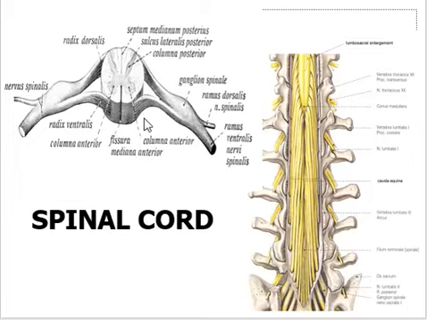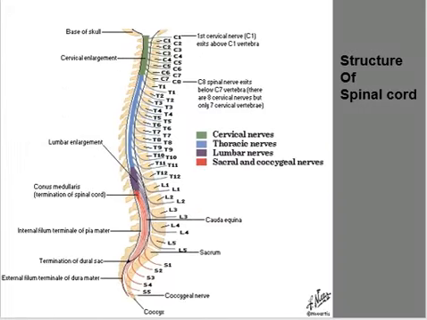Now we come to the segments. The spinal cord is made up of 31 segments: cervical, thoracic, lumbar, sacral and coccygeal.